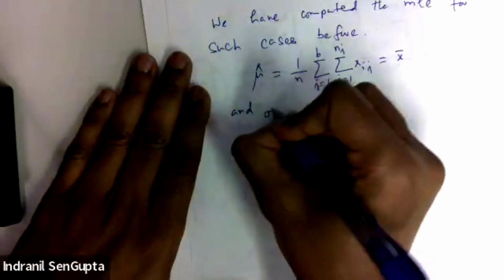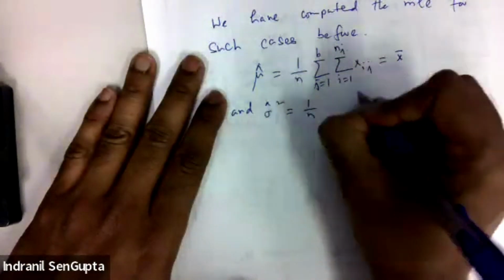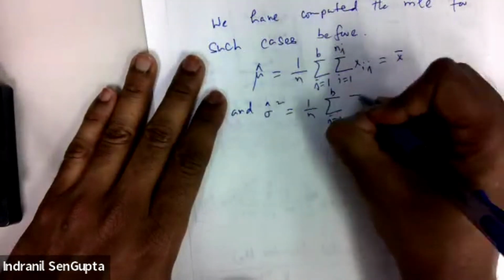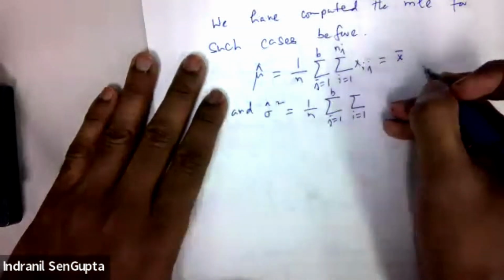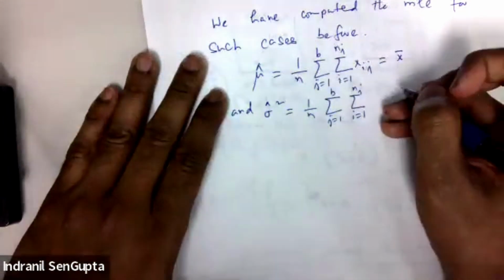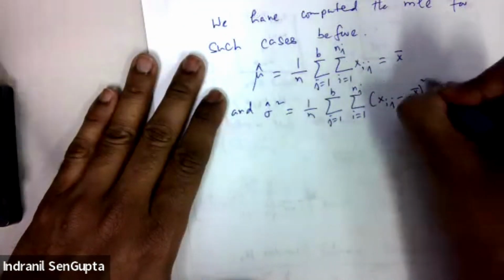And sigma squared hat is equal to 1 over n, sum over j from 1 to b, i from 1 to n sub j, of xij minus x bar, squared.